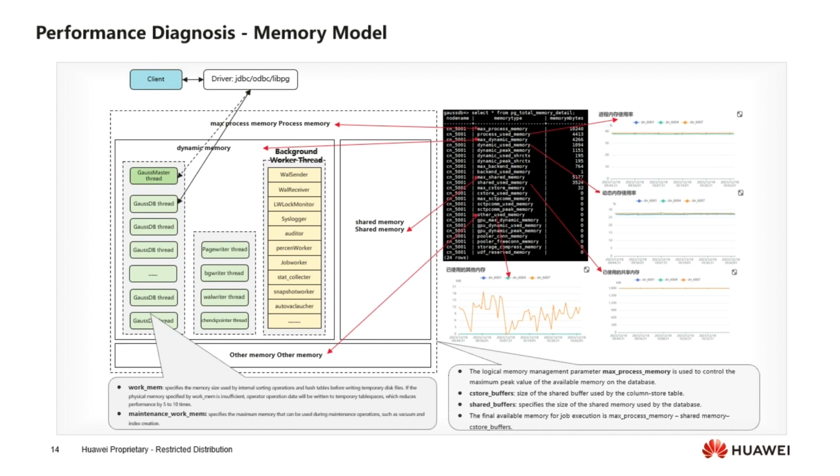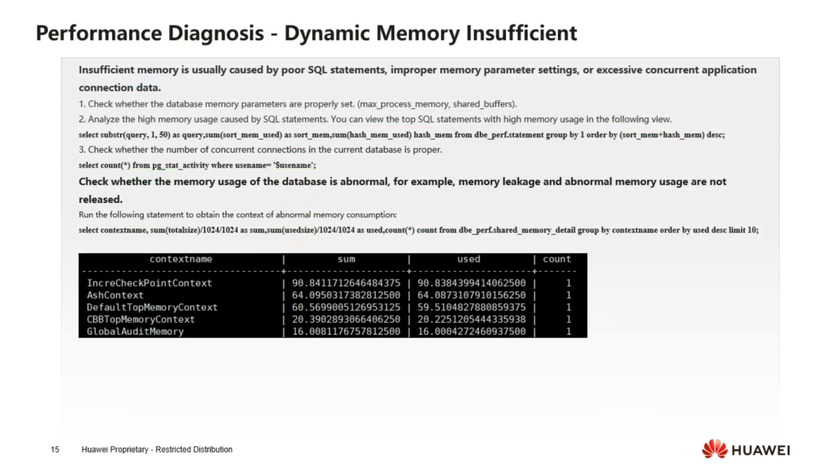And we also have cstore buffers and shared buffers. They both belong to shared memory but are used for different storage types. The cstore buffers is for C-store. The other one is for A-store. When we have memory issues, we either get a prompted error saying that the memory resource is insufficient.